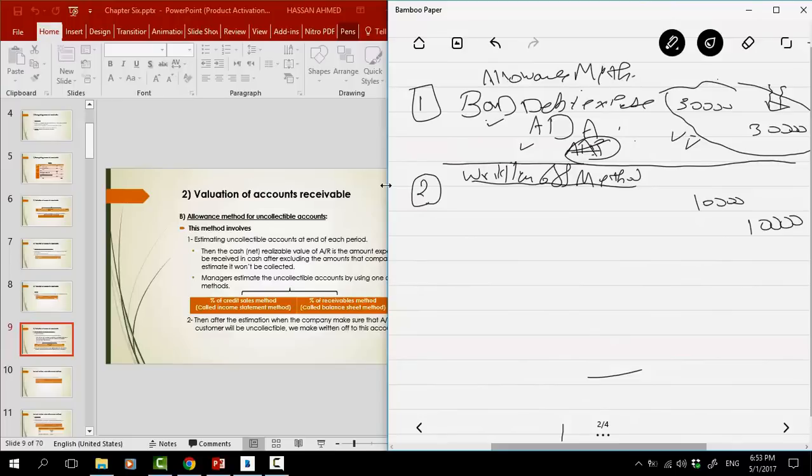Okay, if our expectation becomes real and the amount of money is uncollectible, then we will cancel the estimation, the allowance for doubtful accounts, and then we will write in the credit accounts receivable, as the amounts due from customers will be written off. Written off means that it will not be collected. Then the accounts receivable will be decreased in the credit side.